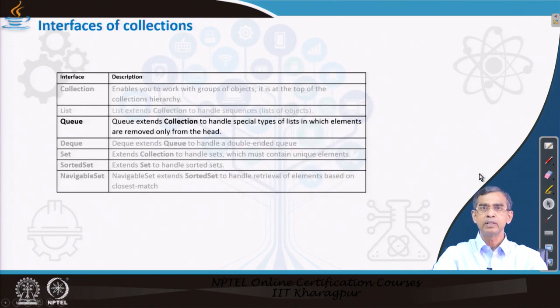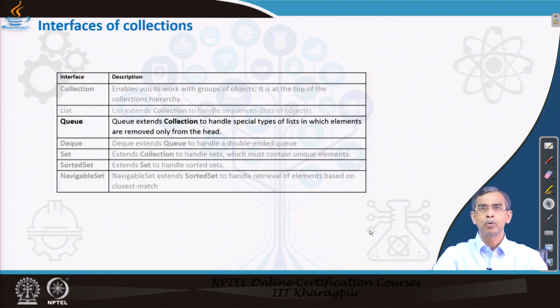Likewise, queue is another structure. A queue is a special data structure which allows you to insert at one end and delete at the other end. It is called insert at the rear position and delete from the front position.